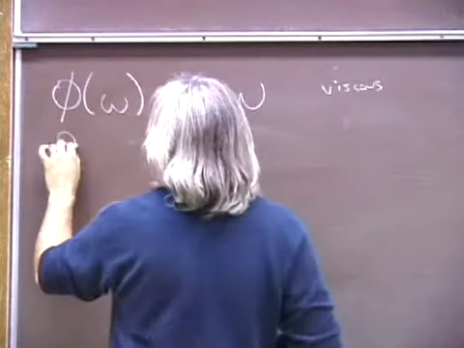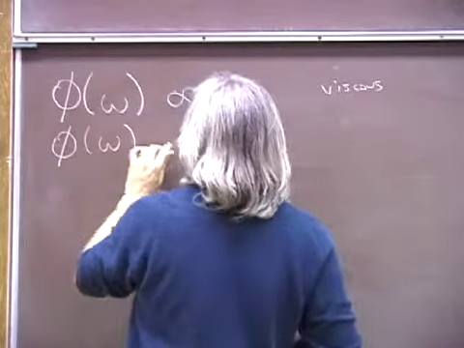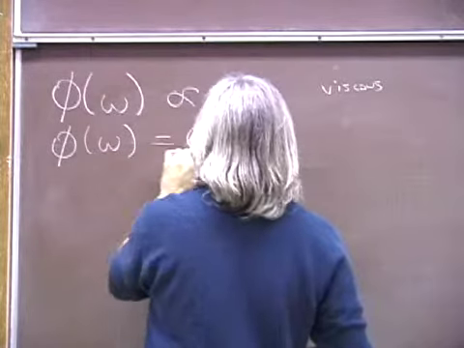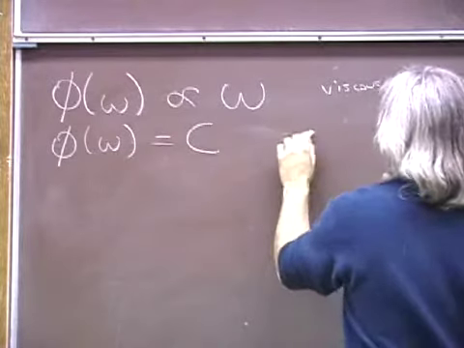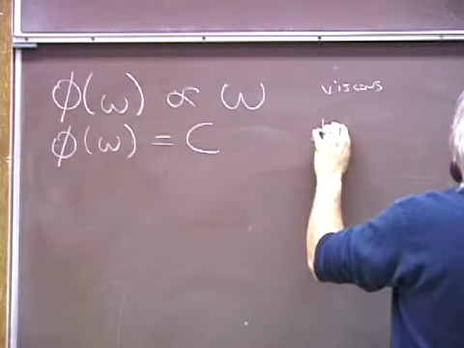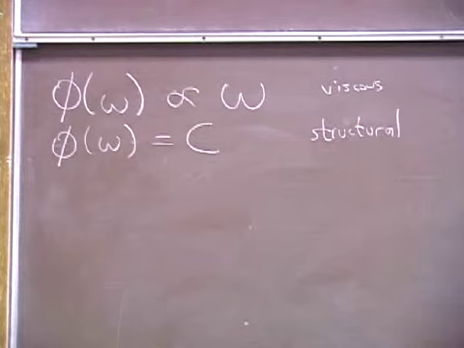Most materials exhibit a phi which is basically independent of frequency. In other words, the losses are the same no matter what frequency it resonates at. We call this structural damping. The mirrors of LIGO test masses, the wires that suspend the LIGO test masses, these for some reason all seem to have frequency independent damping.